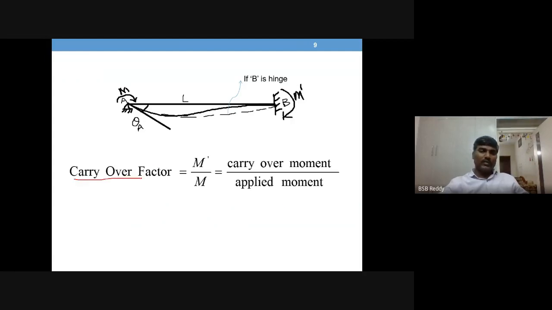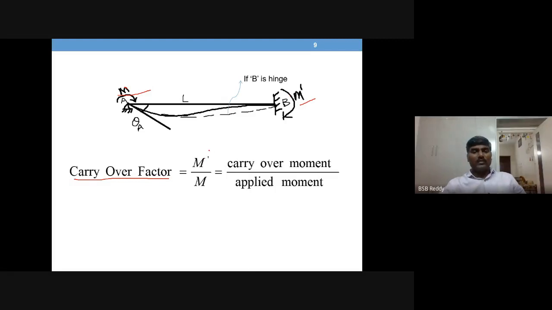Carryover factor. So that is carryover moment. A carryover factor is simply the ratio of m dash by m. That is, the value of carryover moment, m dash, divided by the applied bending moment, m. That ratio. So this is applied at one end and developed at the other end.